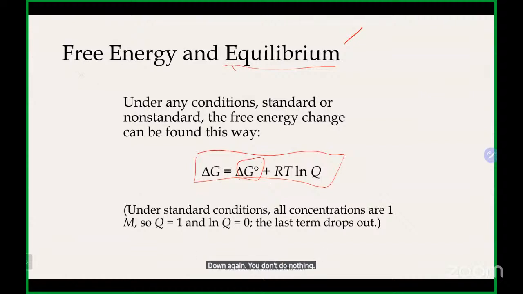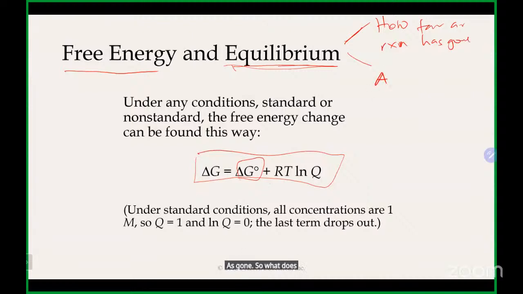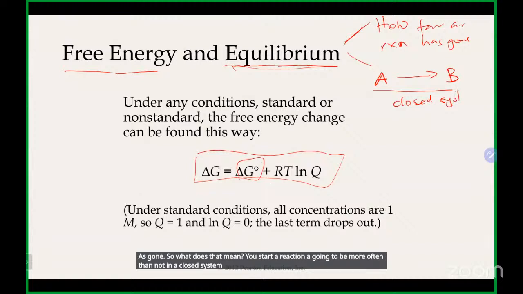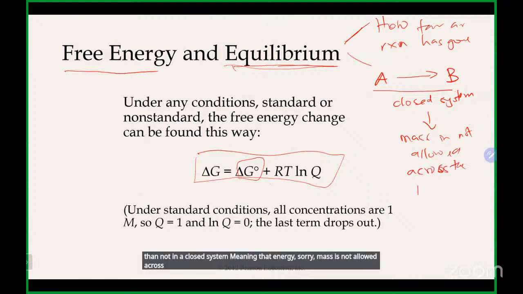We can relate free energy to equilibrium. Equilibrium talks about how far a reaction has gone. So what does that mean? You start a reaction A going to B, more often than not in a closed system, meaning that mass is not allowed across the boundary.